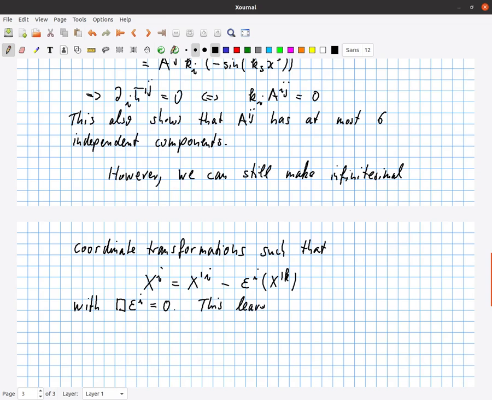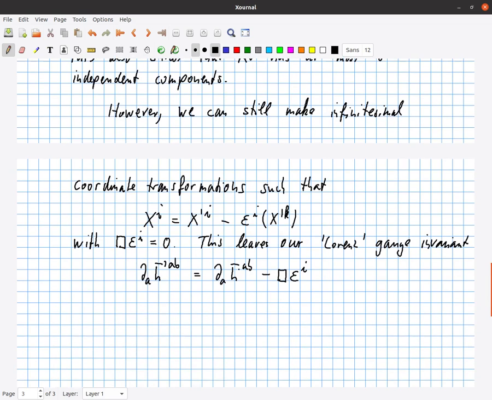This leaves our, I put this in quotation marks, our Lorentz gauge invariant, because what we had was this one, ∂_A h'^AB minus box epsilon^i, which was the equation we derived earlier, which gave rise to our choice of gauge.